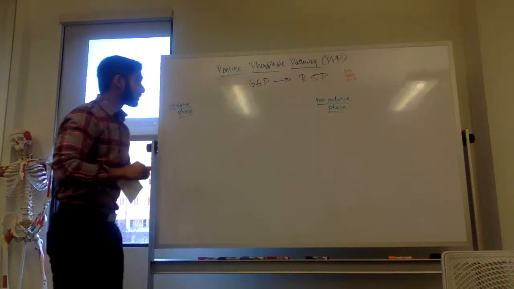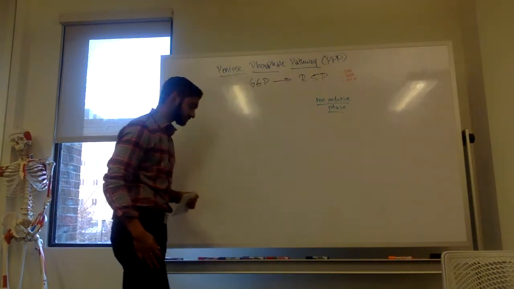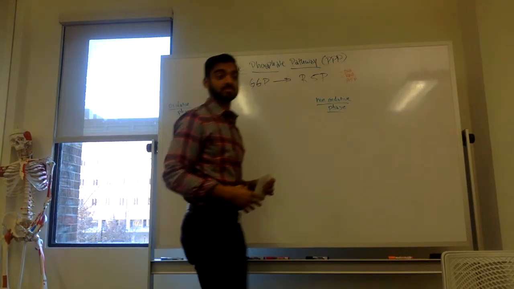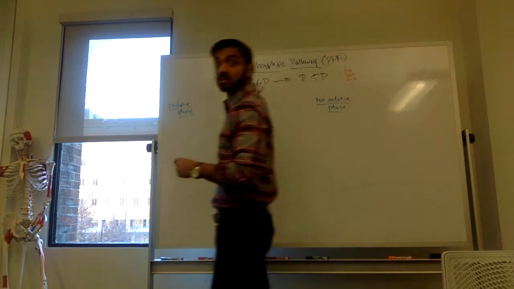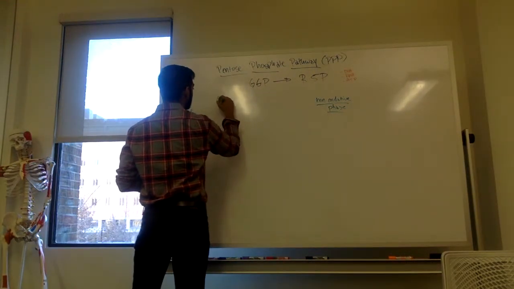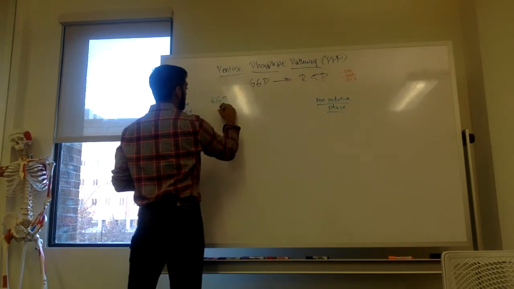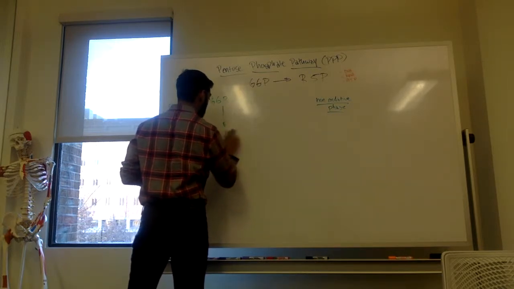Okay, so in the oxidative phase, what's the first thing that we start with? Well, we start with G6P. Yeah, we start with G6P. That's exactly it, right?